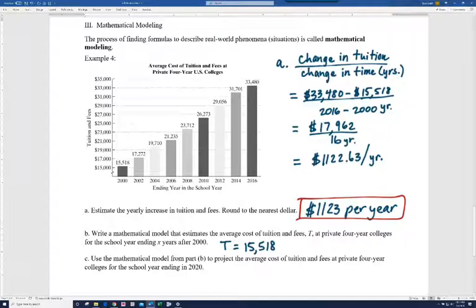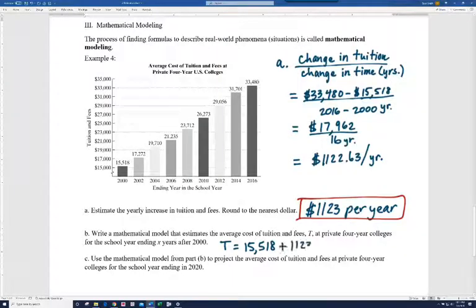Now, remember, it's going up $1,123 per year. So think about how you would write that if X is the number of years after 2000. So if X is 1, you would add 1123 once. If X is 2, so 2 years later, you would add 1123 twice.